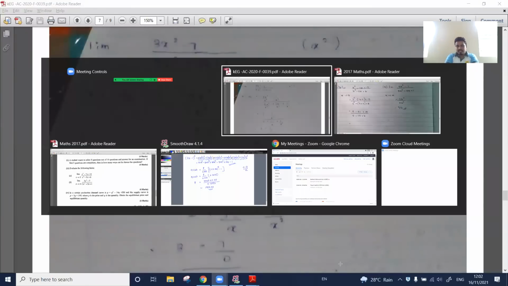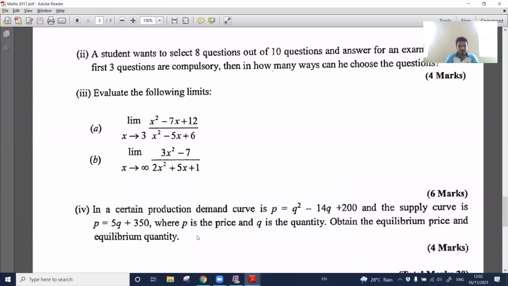Then the other one, part B. When this is approaching infinity, what do we need to do? First, we need to determine the variable with the highest power. In this case, that is x squared. Then what do we need to do?